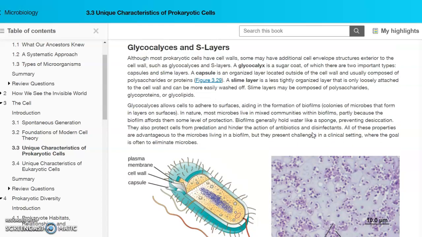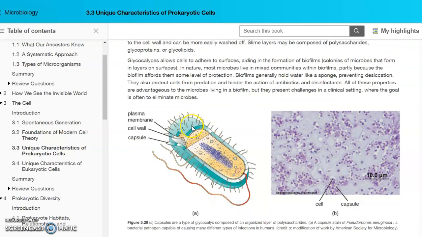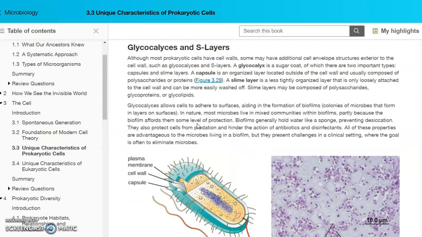Now, looking a little bit more closely at the external structure again, I've already talked about that capsule, but we can also have a different type of outer layer called a slime layer. A slime layer is only loosely attached to the cell wall, not like the capsule, which is more organized and more firmly attached.